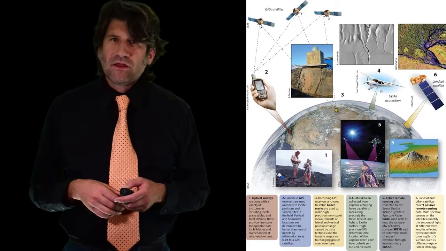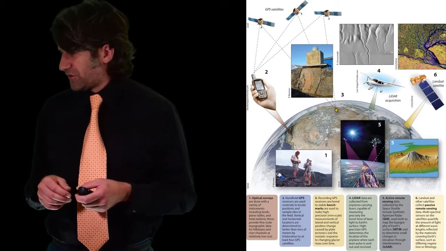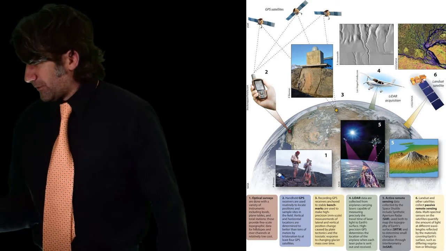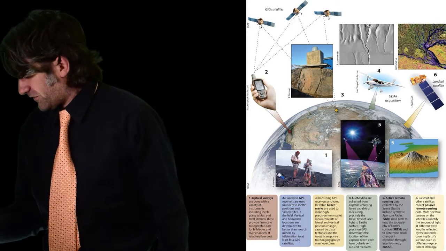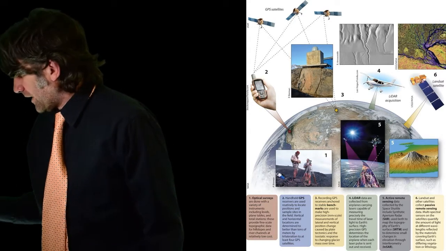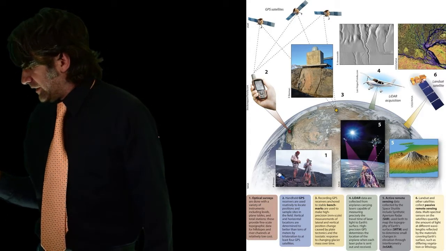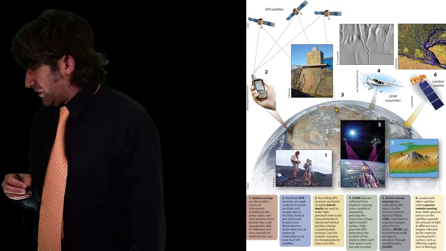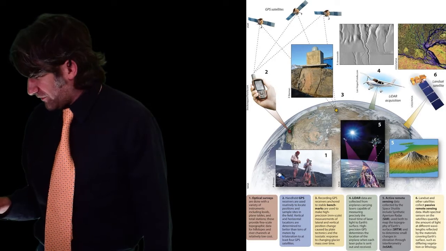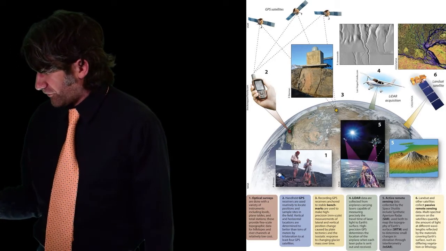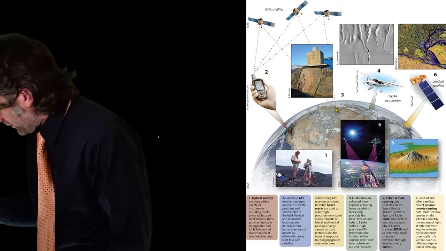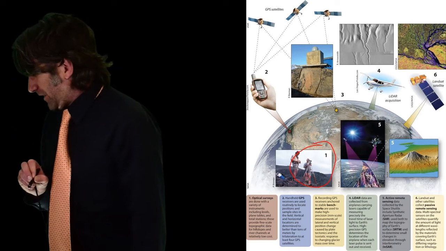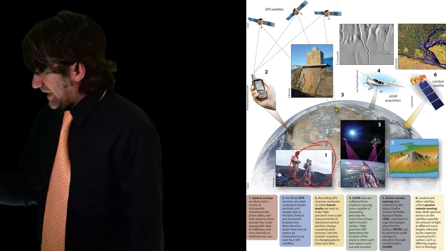Okay, so this is the picture from your textbook, from Bierman and Montgomery, and what I wanted to do, let's see if I can get this highlighter working here, is point out that when we're talking about characterizing elevation, we can do it from a ground-based system, which is optical surveys, shown in one here. All right, we can move from that to a handheld GPS survey.